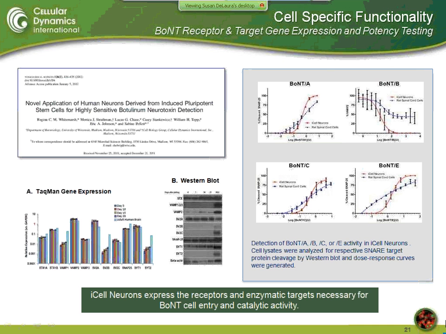And basically, one of the things that they found when using the cells for this particular potency testing assay is that our iCell neurons were more sensitive than their standard cell type that they were using, which were the rat spinal cord cells. So it made for the potency testing assay to be a more sensitive assay.